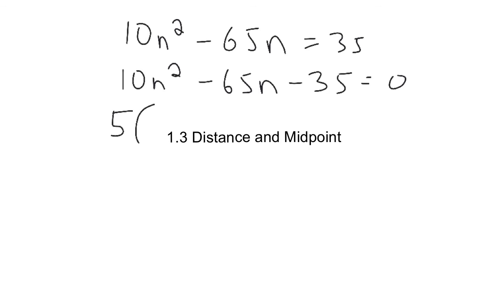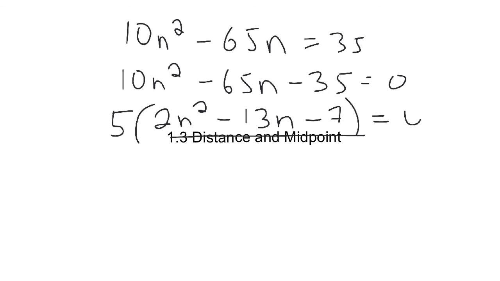If I factor 5, I will erase this. I get 2n squared. 5 times what is equal to 65? I think it's 13, so that would be minus 13n. 5 times what is negative 35? That will be minus 7. And this will be equal to 0.